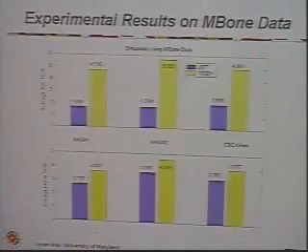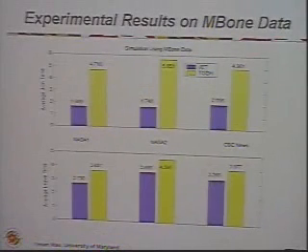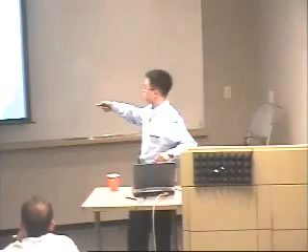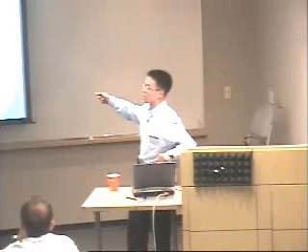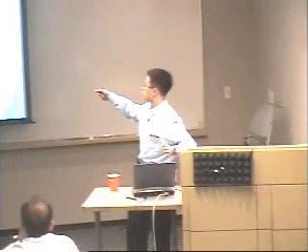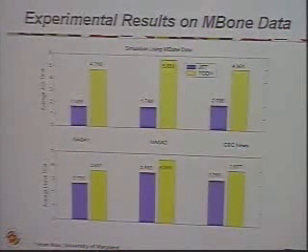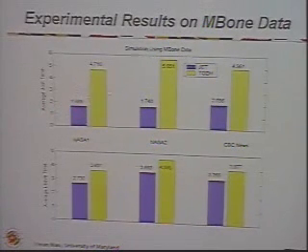So we simulate these 3 sessions using MBone data, and we compare the performance of our scheme to that of TGDH. This TGDH is a very typical tree-based Diffie-Hellman group key management scheme. So in the average join time, we can see that we achieve a reduction of more than 50%.